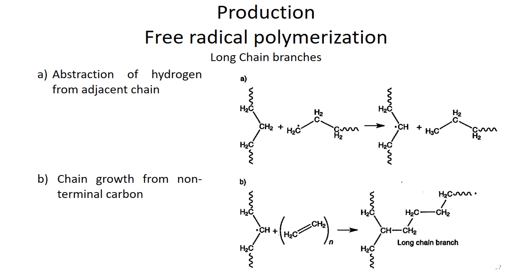The other mechanism is chain growth from a non-terminal carbon. We have generated a free radical in the middle of this chain, and this chain then reacts with a number of monomers, and another part of the chain forms. We call it a long chain branch.